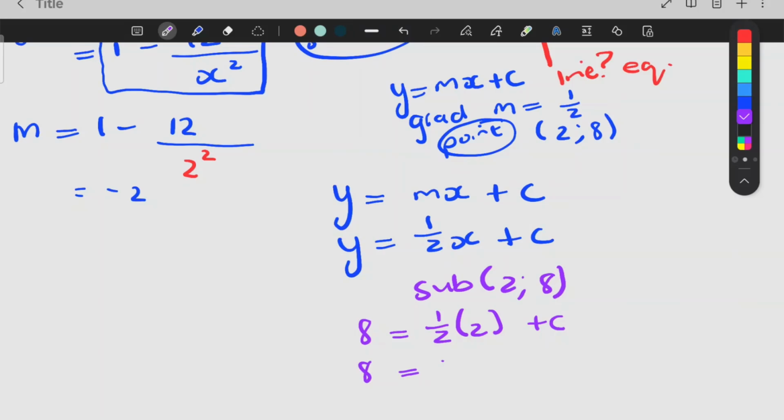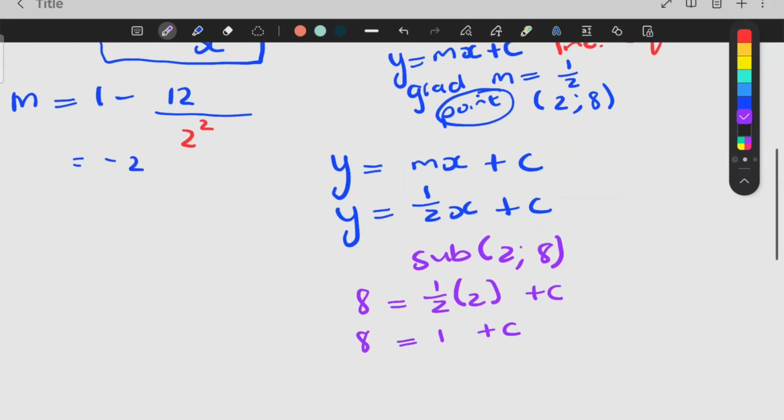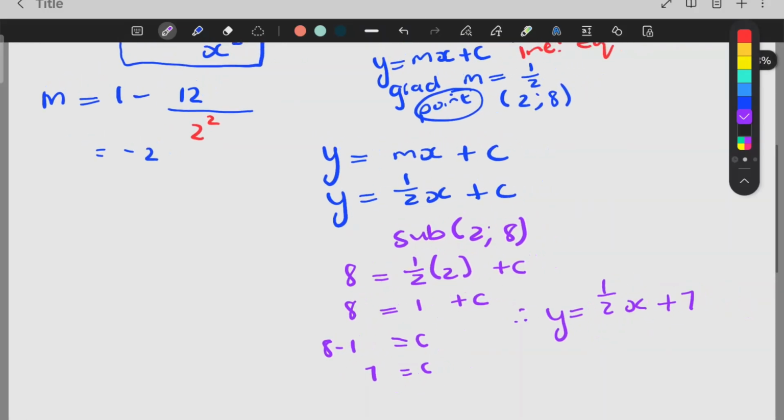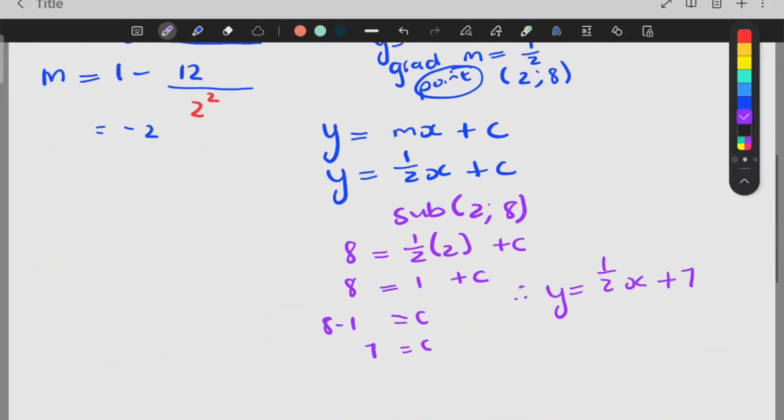So 8 is 1 plus c. I get my c to be 8 minus 1. c is 7. So therefore, y is equal to a half x plus 7. And that is the equation of the line that is perpendicular to the tangent to that curve. Okay, I hope that makes sense.